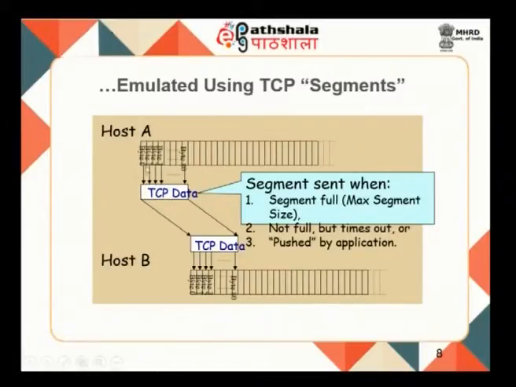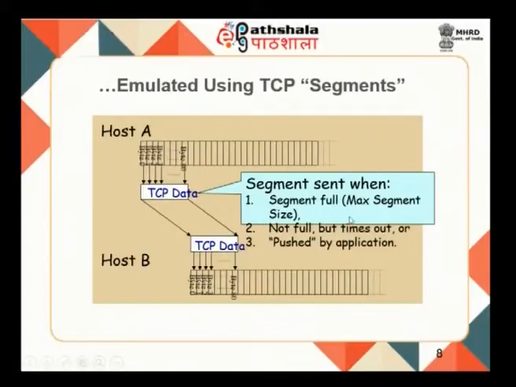Normally, a segment is sent by the host side TCP when the segment is full, that is, there is something called a maximum segment size, which means a segment can be a maximum of a particular size. We will see how that is determined later, but right now assume that a maximum segment size is available. If you have accumulated that many bytes in TCP's buffer, TCP will send that much data.